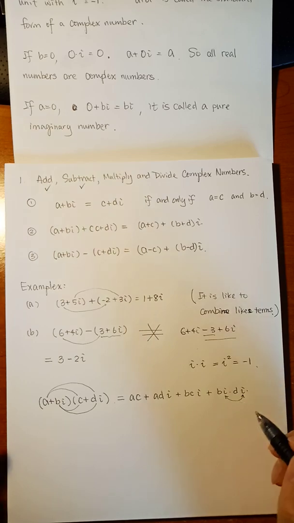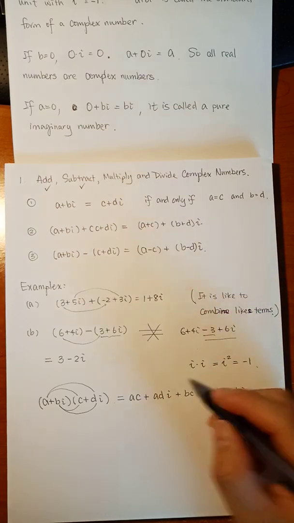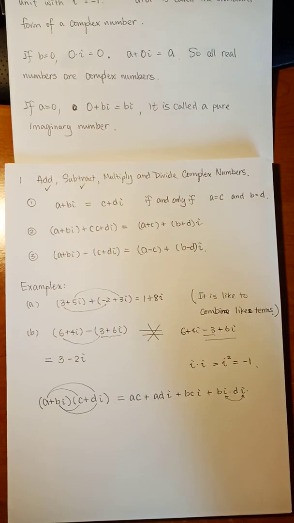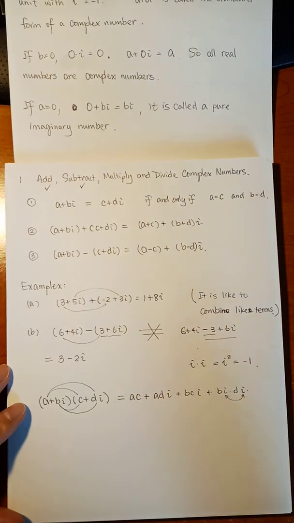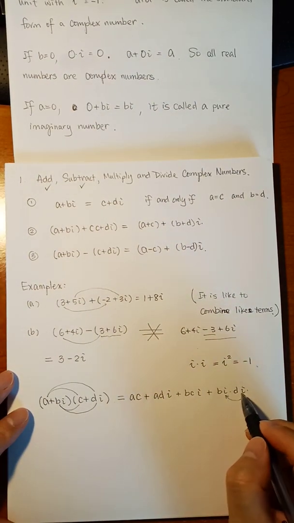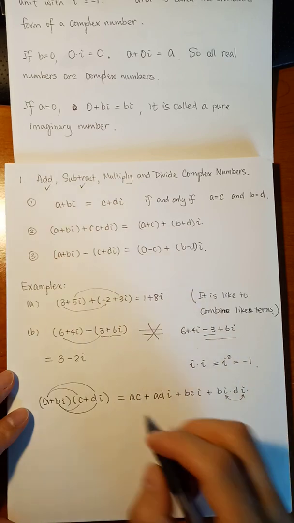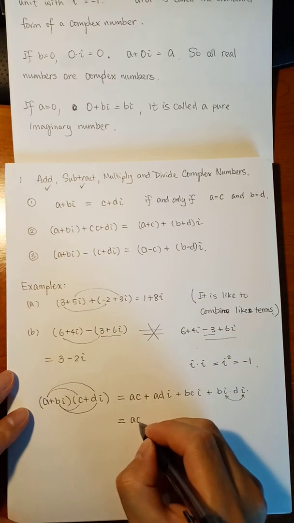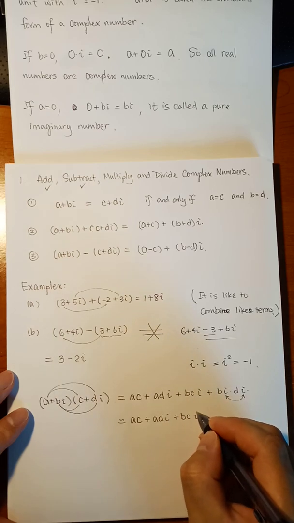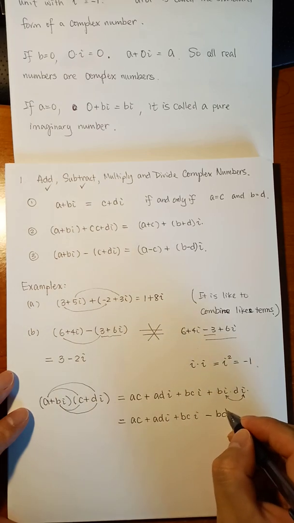That's a way to change a complex imaginary unit to a real number. That's a relation. You multiply i by itself, you get a real number. So i times i is negative 1, so you have to change it to a negative sign. So it's AC plus ADi plus BCi and minus BD.